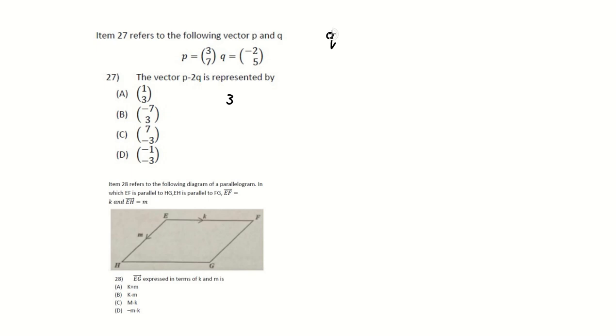So first of all, Q is equals to minus 2, 5. 2Q would be minus 4, 10. Right? So P, which is 3, 7, minus minus 4, 10. 3 minus minus 4 is 7, and 7 minus 10 is minus 3. 7, minus 3 is C. Right?